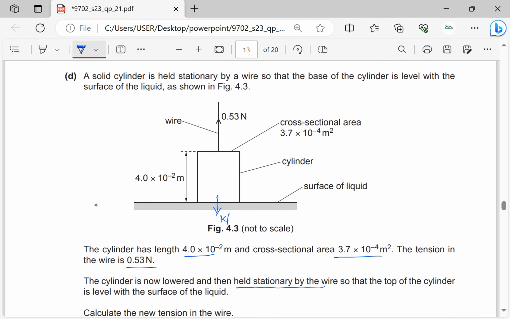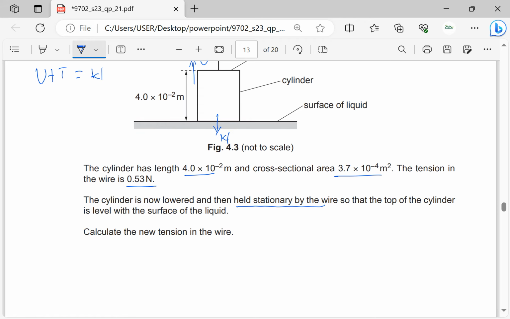So there's another force upwards, which is going to be the upthrust. So for equilibrium, the upthrust upwards plus the tension in the wire should be equal to the weight. So calculate the new tension in the wire. So I'll simply say the tension in the wire is going to be equal to the weight minus the upthrust. So what is the weight?